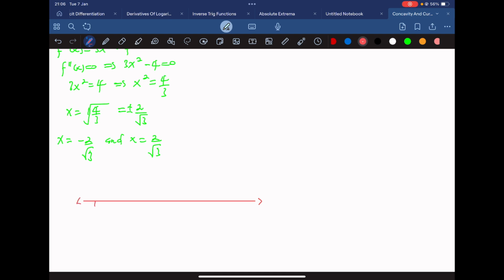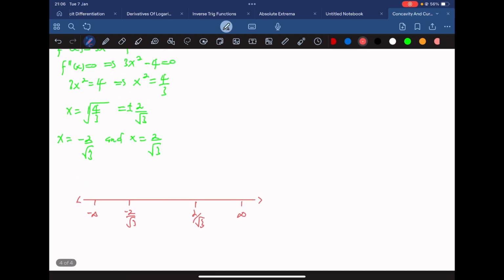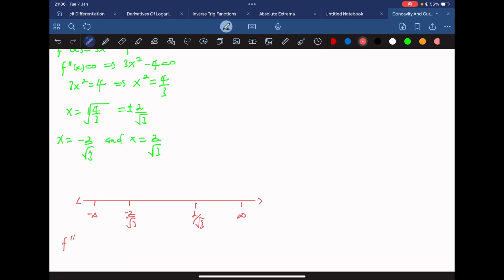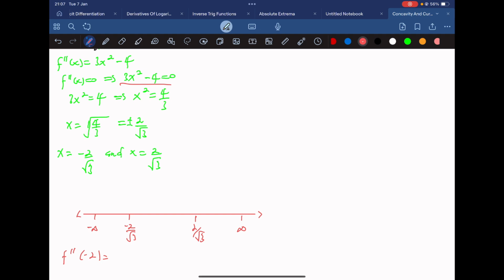So we have negative infinity here, negative 2 over root 3, 2 out of root 3, and infinity. First of all, let's pick a number that is between negative infinity and negative 2 over root 3. We can pick, let's say, negative 2, and we evaluate using this right here.